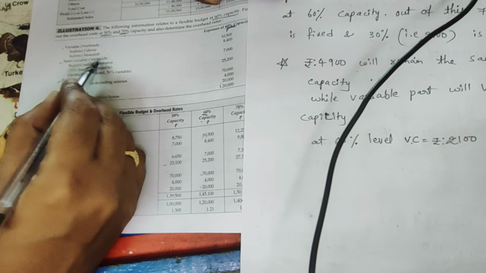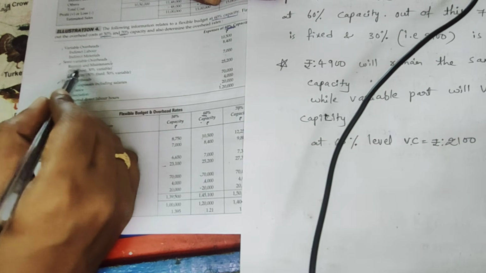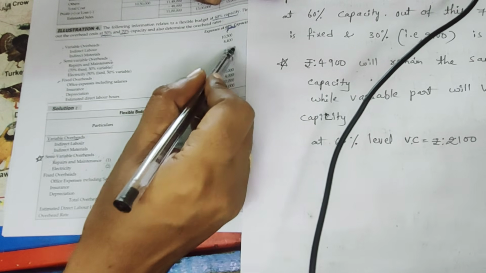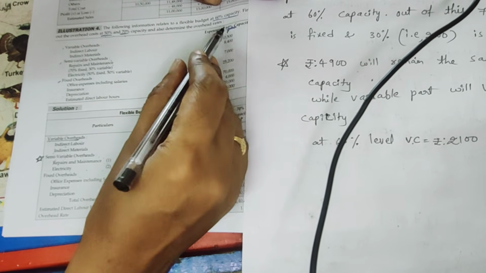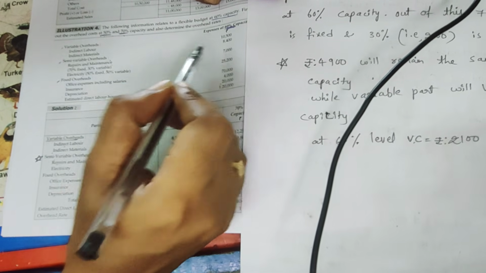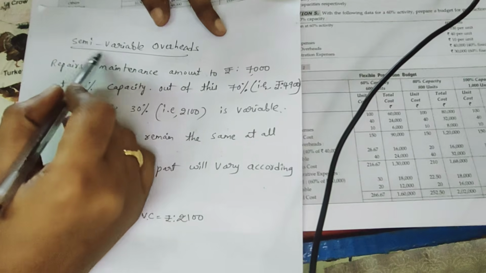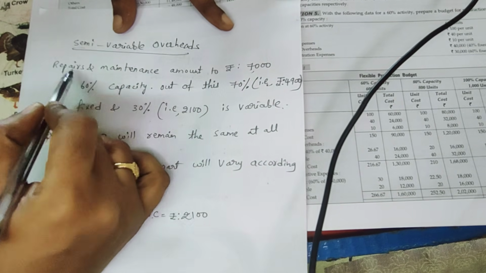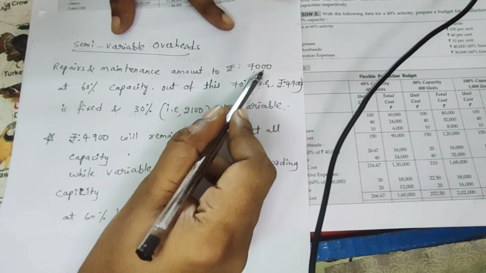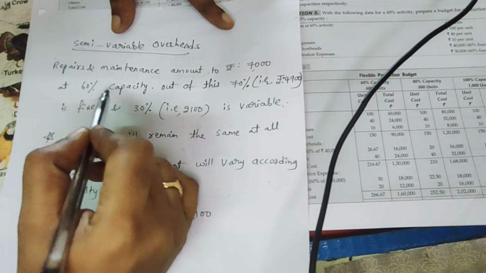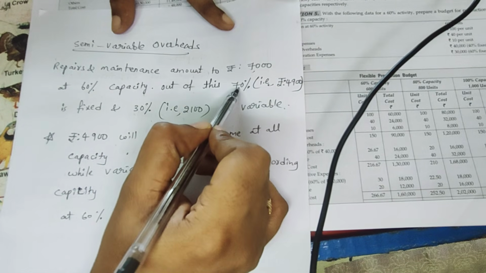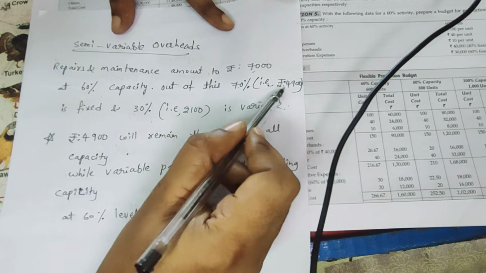So here, semi-variable overheads, repairs and maintenance, 70% fixed, 30% variable. The given amount is 7,000 at 60% level. Semi-variable overheads, repairs and maintenance amounted to 7,000. It is given in the problem itself at 60% capacity. Out of this, 70% is 4,900.